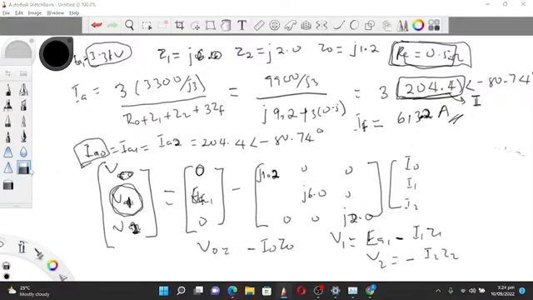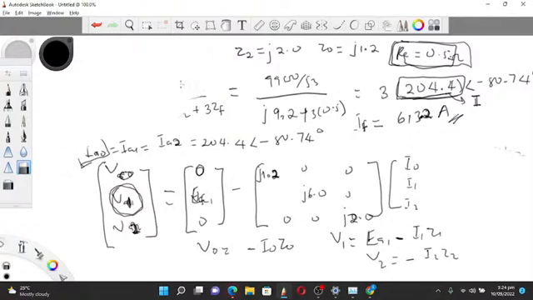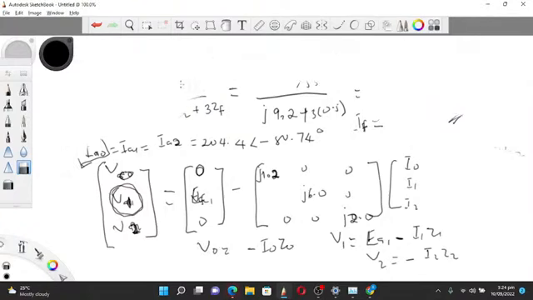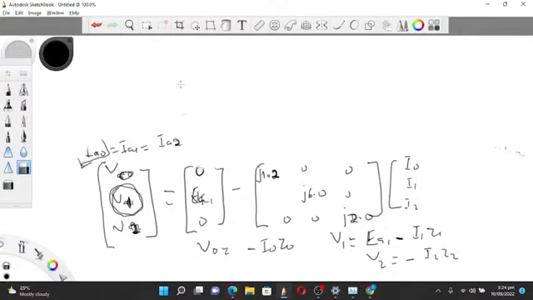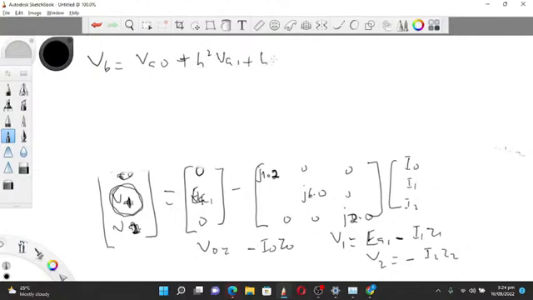This unsymmetrical voltage, if you know symmetrical components very well, this topic is actually very, very simple. So if you want VB, VB is just VA0 plus H squared VA1 plus H VA2.